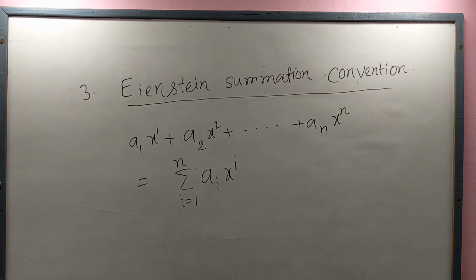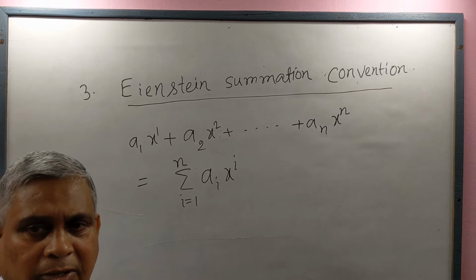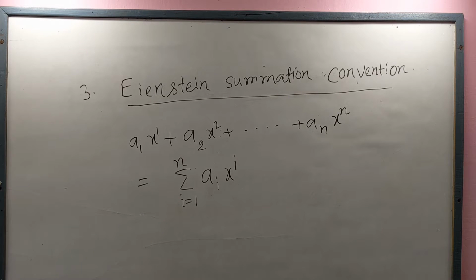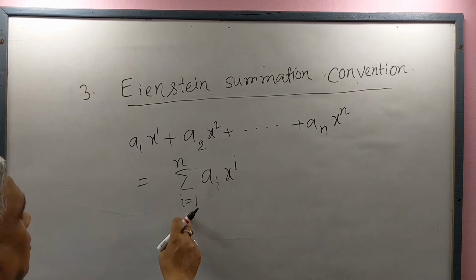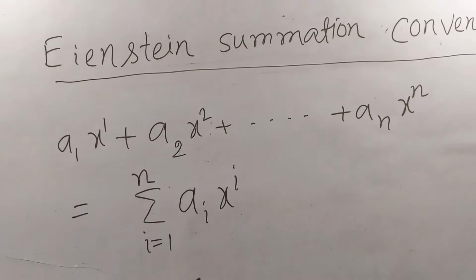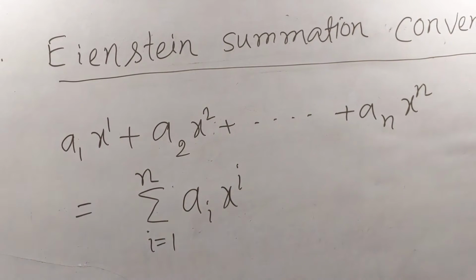This is our traditional concept, but Einstein summation convention says that there is no need of using summation if a suffix appears as a dummy suffix in a term.